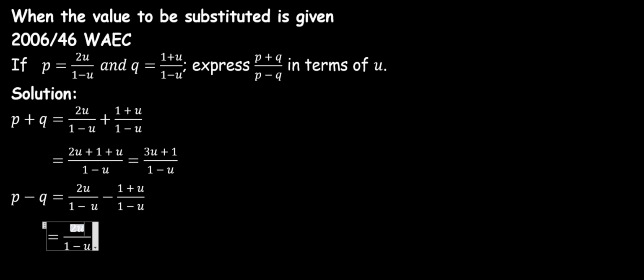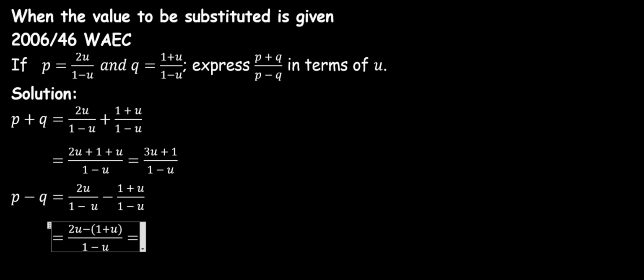At the numerator, in the first case, 1 minus U divided by 1 minus U is 1, so times 2U, you just put down 2U. But remember, before the other item we have a minus, not plus here, so we have to open bracket. 1 minus U divided by 1 minus U is 1, so you open the bracket, then you put 1 plus U, close bracket. We have to introduce bracket because of the minus sign.